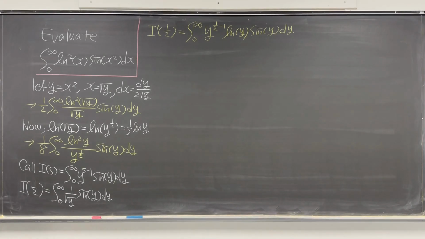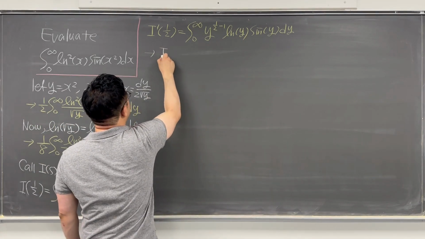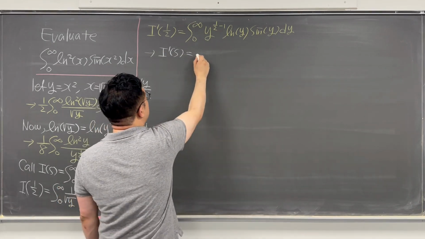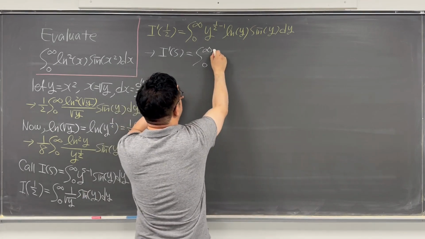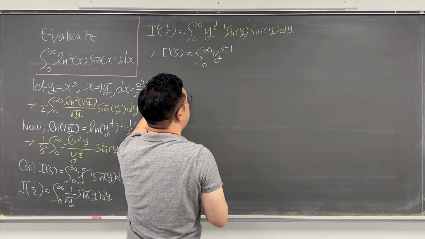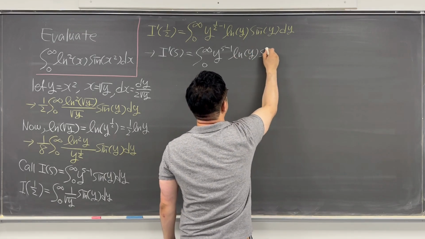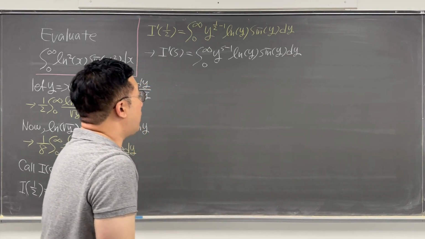Okay, so using this, let's talk about I prime of s. I prime of s has to be the integral from 0 to infinity, where your integrand is y to the power of s minus 1, times ln y, times the sine of y, then we have dy.